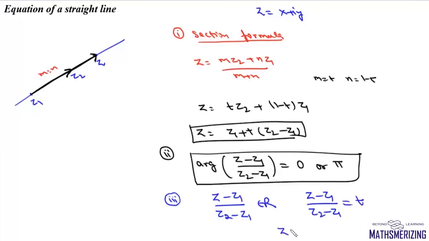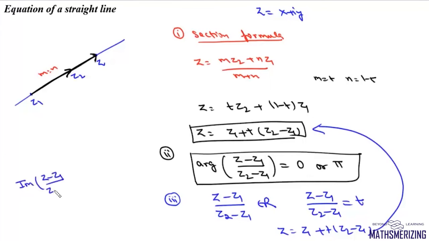Now we cross multiply, we write z as z1 plus t into (z2 minus z1), which again is this first equation. So another way to write the equation of a straight line is by simply saying the imaginary part of (z minus z1) upon (z2 minus z1) is 0.